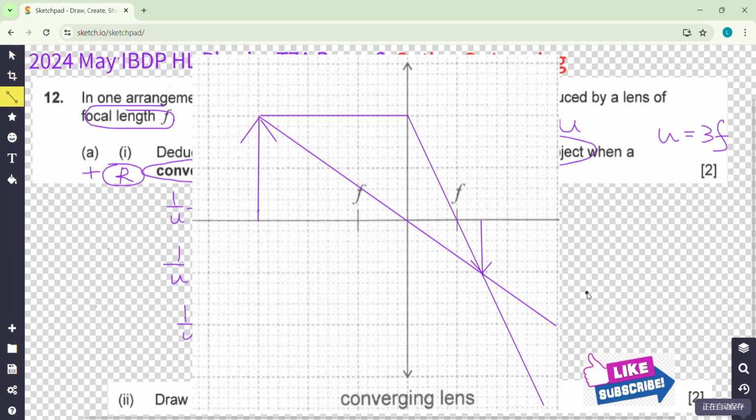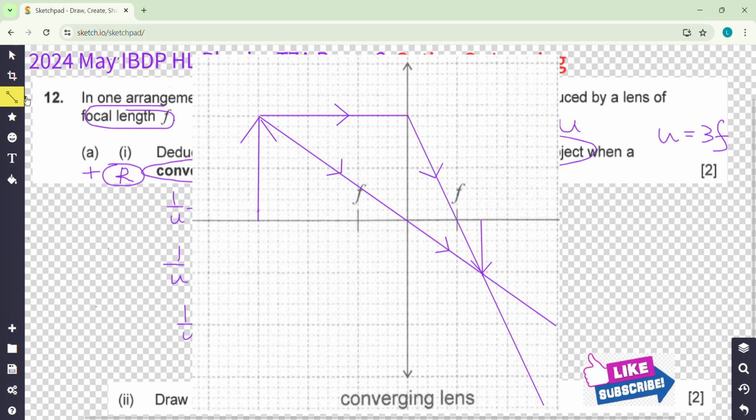Of course, what is missing? Yes, the arrows for the light rays. So you draw them, even for the ray passing through the optical center.